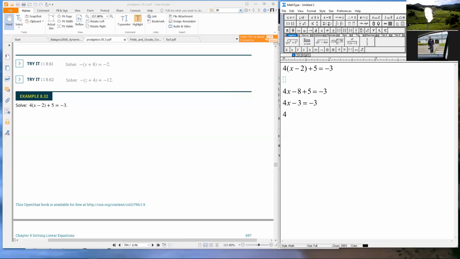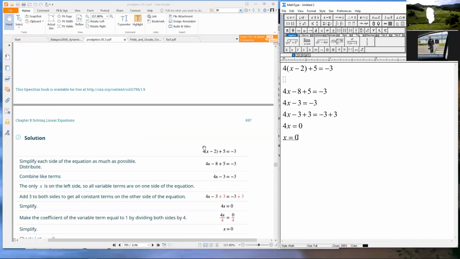So we get 4x minus 3 plus 3 equals minus 3 plus 3. On both sides, minus 3 plus 3 cancels out. So we have 4x equals 0. And then from that, we know that x has to be equal to 0, right?